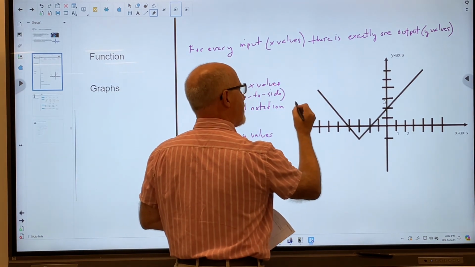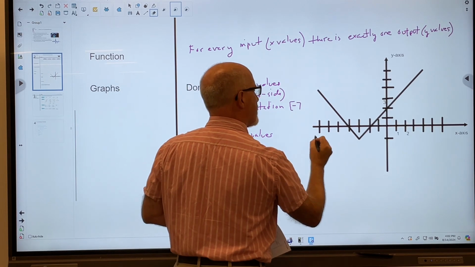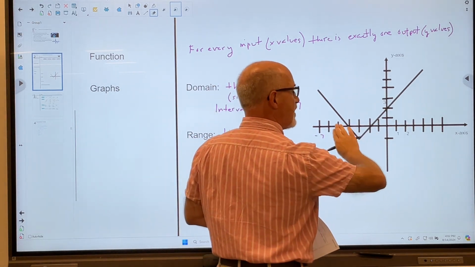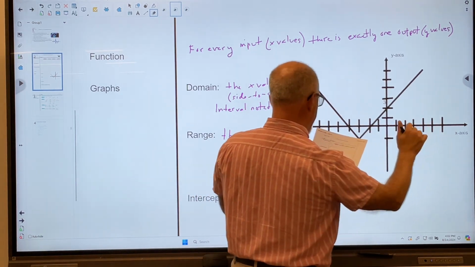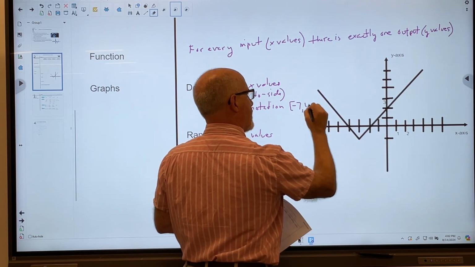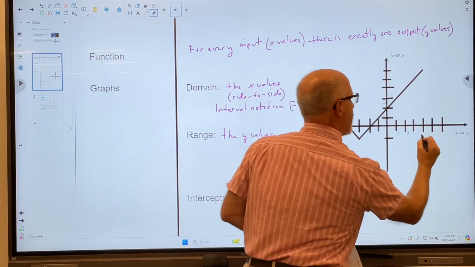And it includes it because there is a negative 7 x value. And then for the x values, it goes all the way out to 1, 2, 3, 4, out to 4. And it includes that 4 as well. Okay, so all the way out here.